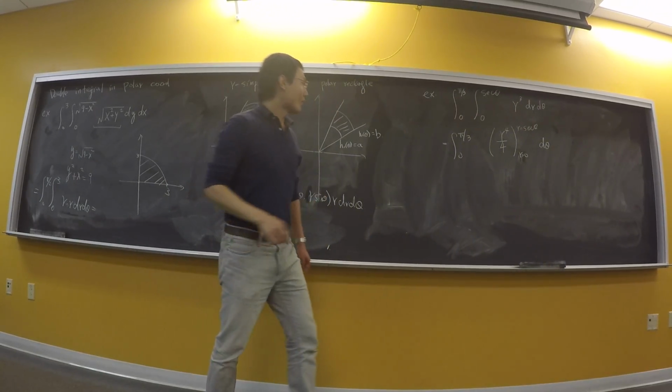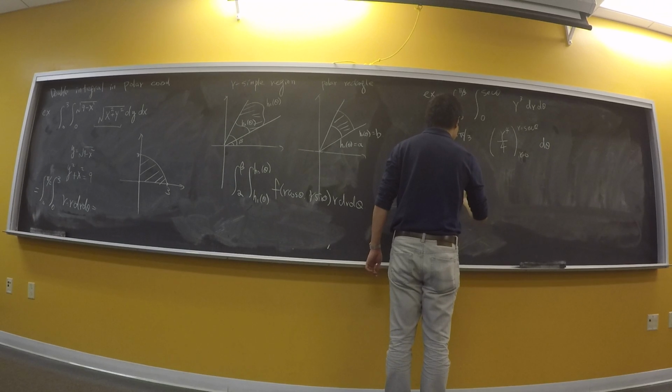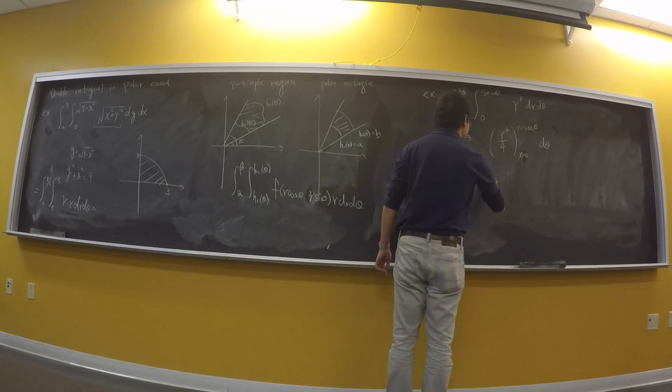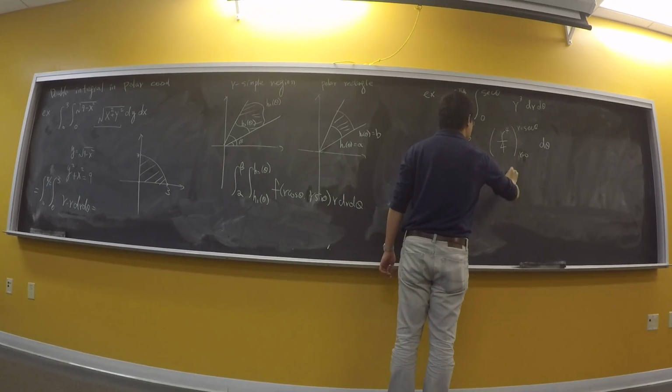This is equal to the integral from 0 to pi divided by 3 of secant theta to the 4th divided by 4 d theta.